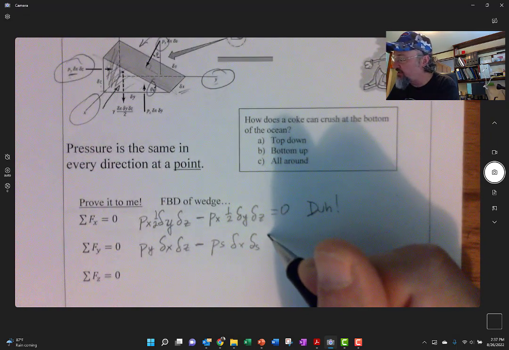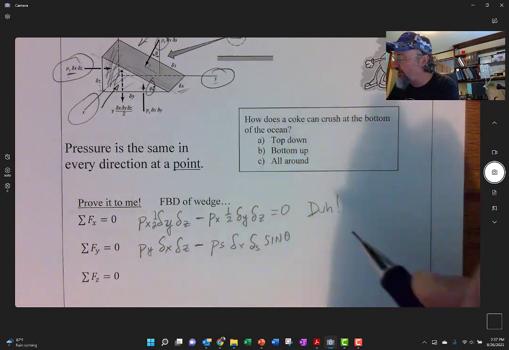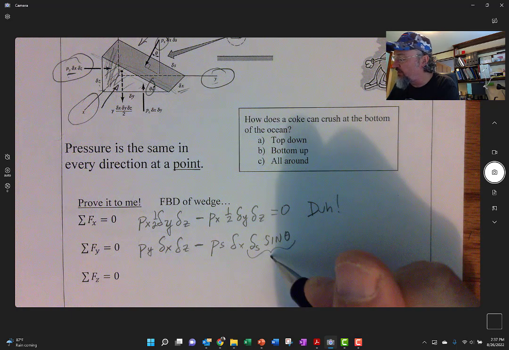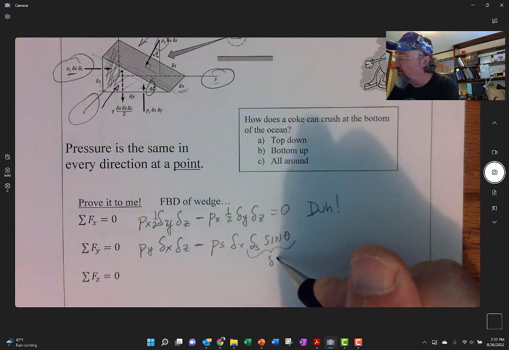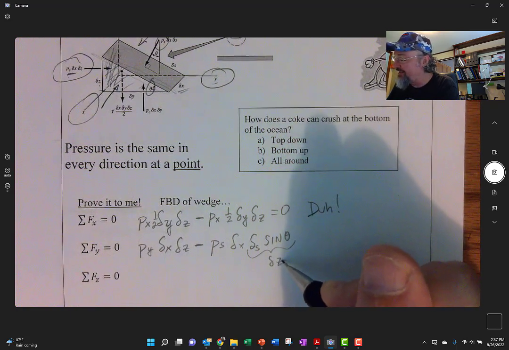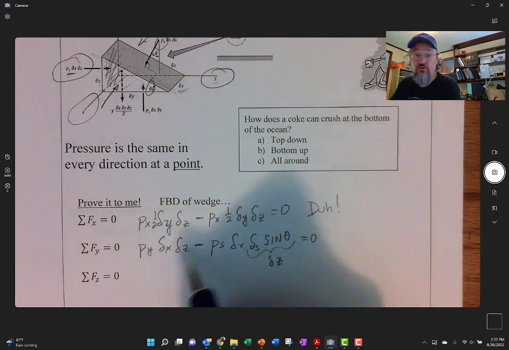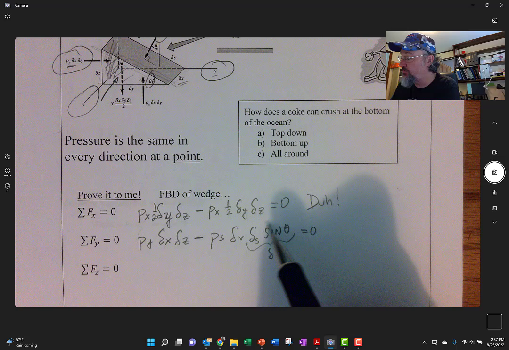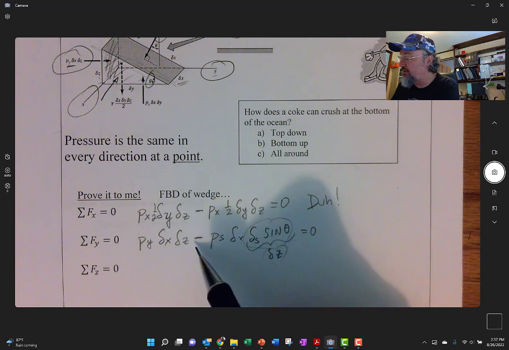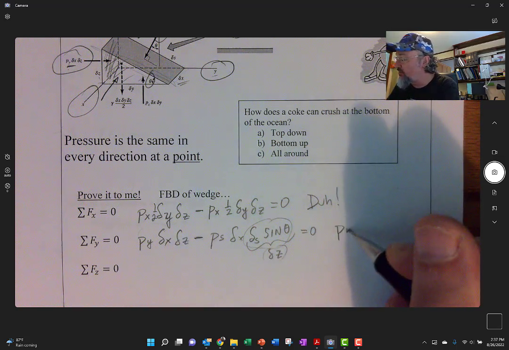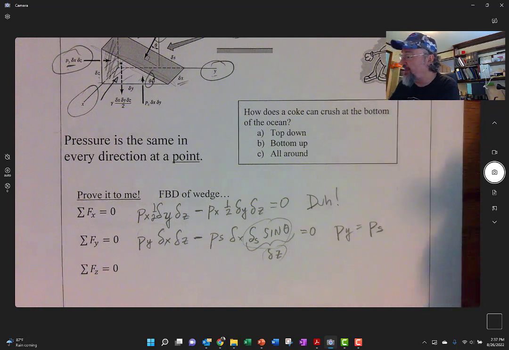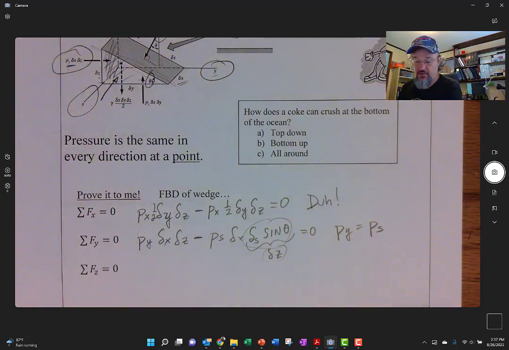So that's del s times the sine of theta, which we happen to know is also equal to del z right there. Taking a look at those two things, because we know this length is the same as there, we can now say that p_y is equal to p_s. So we know that they're in the same direction.